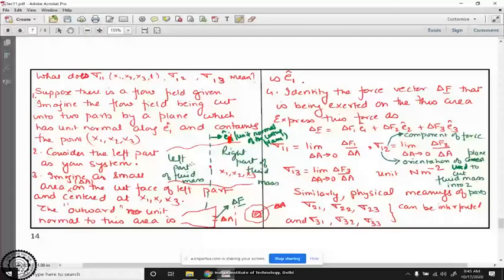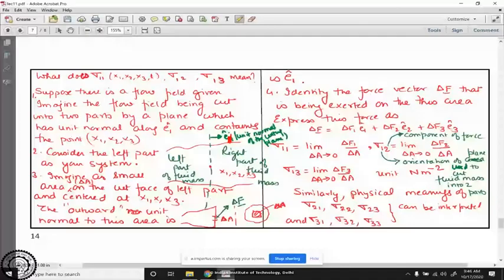Now imagine a small area delta A on the cut face, whatever new surface has been created by cutting, on the cut face of the left part, centered at x1, x2, x3.